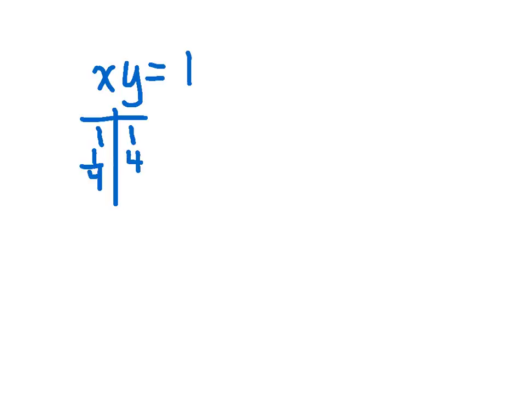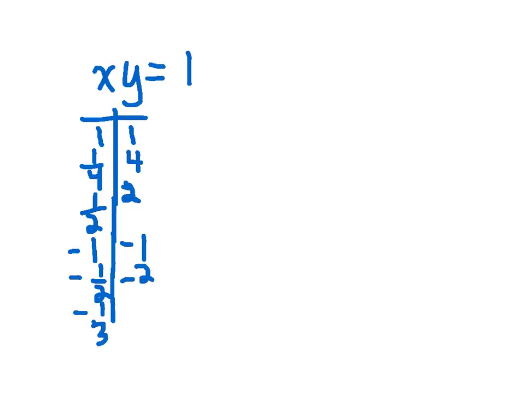Well, that would be 4, because 1/4 times 4, or 1/2 times 2. So you're going to have to use fractions in a situation like that. And don't forget, you also always need the negatives. -1 and -1. -1/2 and -2. -1/3, you might want to put them in this order. -3. So that's just a final thing.